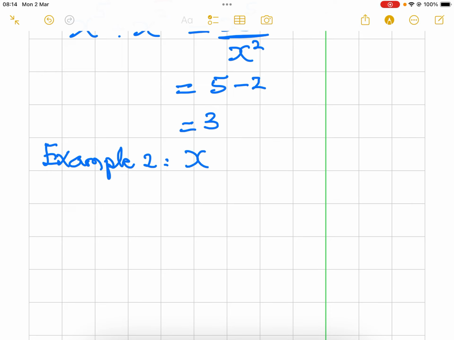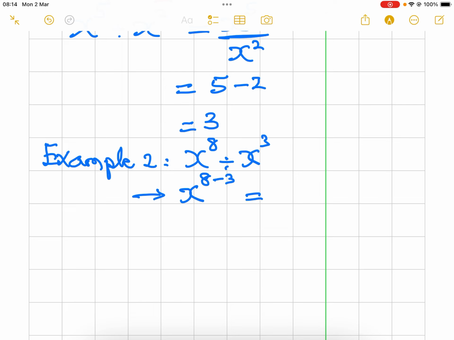Let's consider another example. X raised to power 8 divided by x raised to power 3. So we have a total of 8 x's divided by 3 x's, and that leaves us with 5 x's.